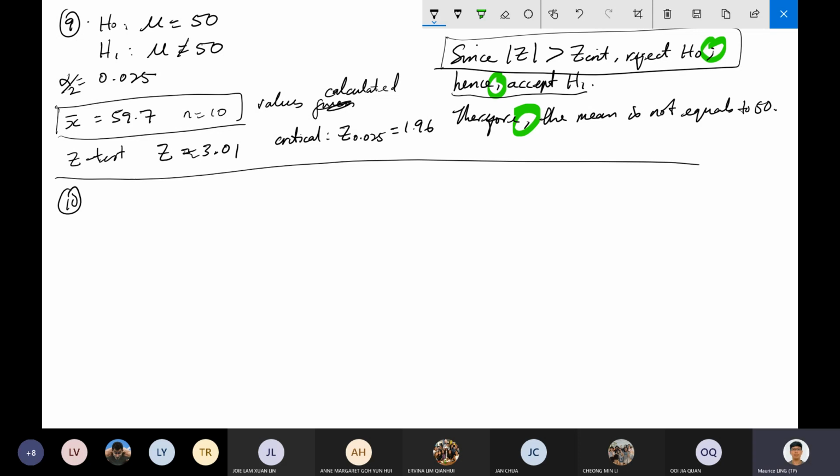Okay, so question 10. If the standard deviation of the numbers generated is not known, then do you use a t-test or z-test? Question 10 is actually based on question 9.